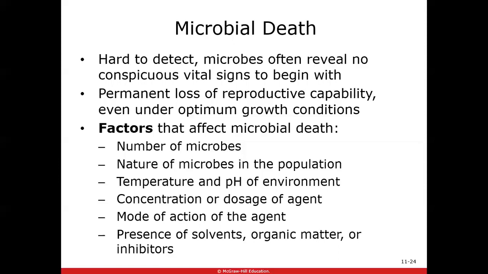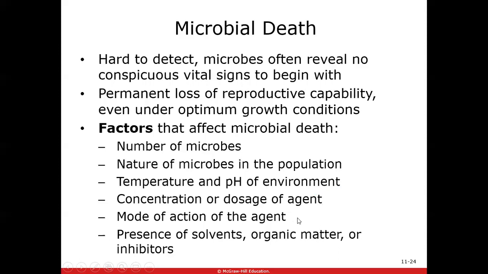So the factors that affect microbial death: the number of microbes that you're starting with will affect microbial death. The nature of microbes in the population, which type of microbes you have, will affect death. Temperature and pH of the environment will affect microbial death. Concentration or dosage of the agent: the concentration or dosing of the agent we're using to cause microbial death will affect it.